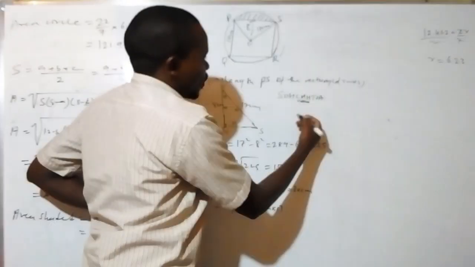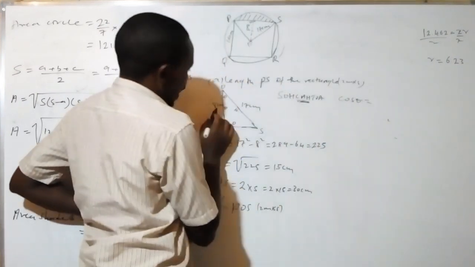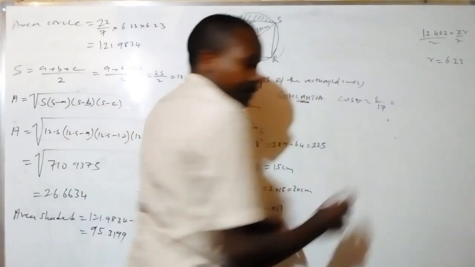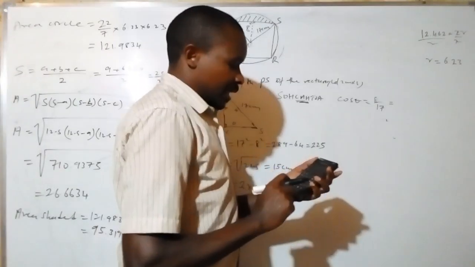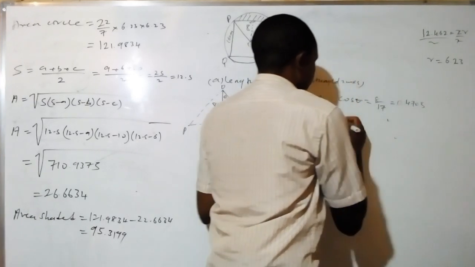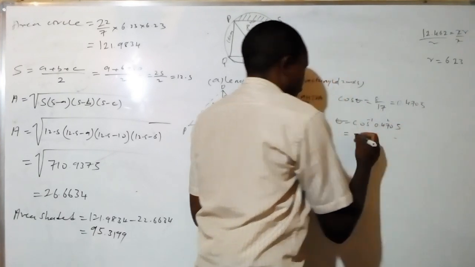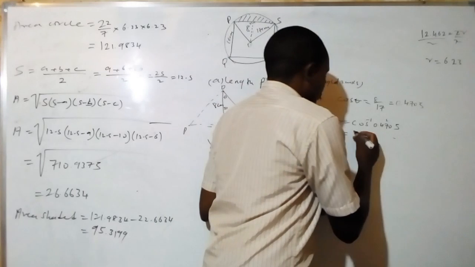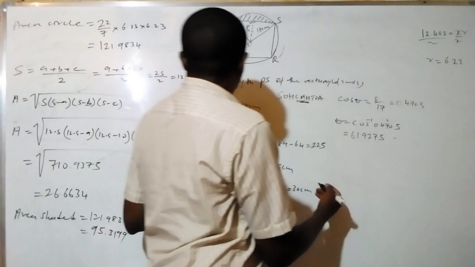Cos theta is equal to adjacent 8 all over hypotenuse 17. 8 divided by 17 is 0.4705. Theta is equal to anti-cos 0.4705, and the answer is 61.9275.